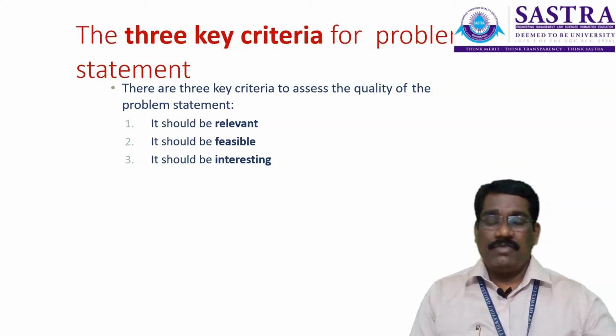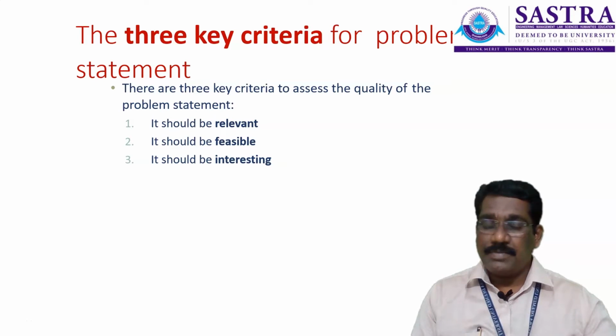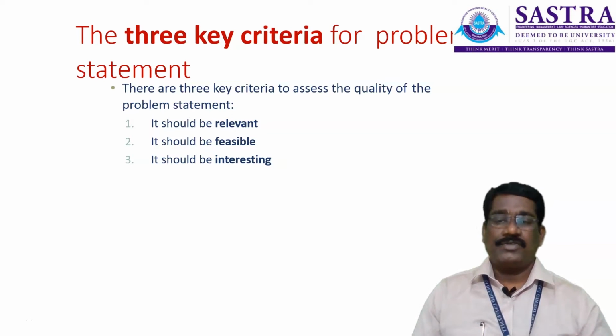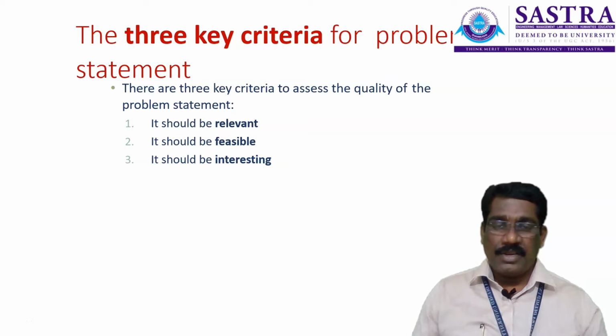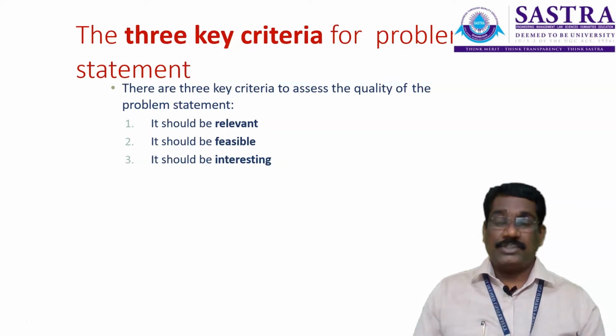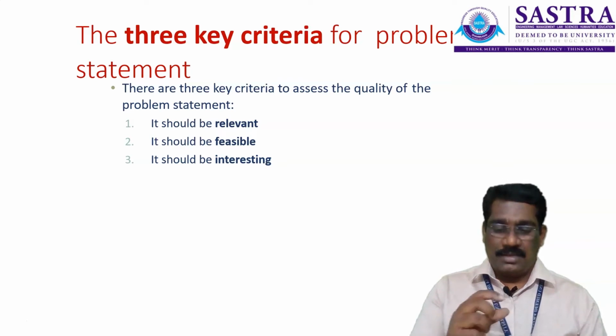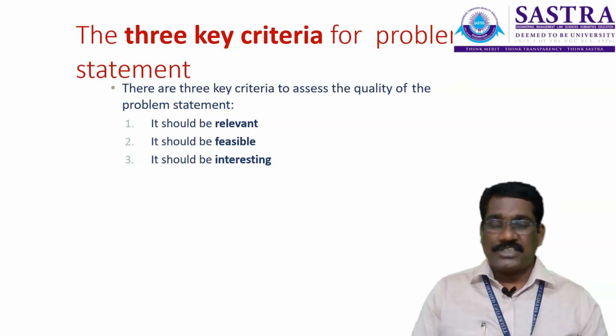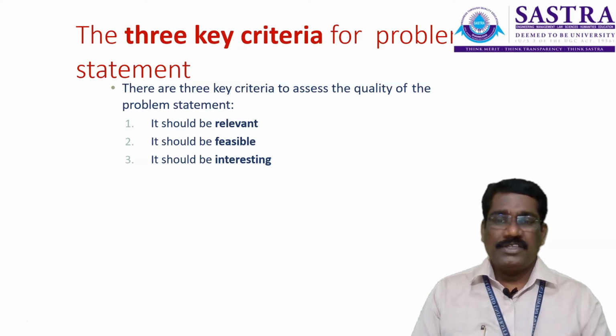In a broad problem area, we have not specifically narrowed down the problem. So in the process of problem statement, we are trying to confine the specific issues related to the problem area, and that we call a problem statement.